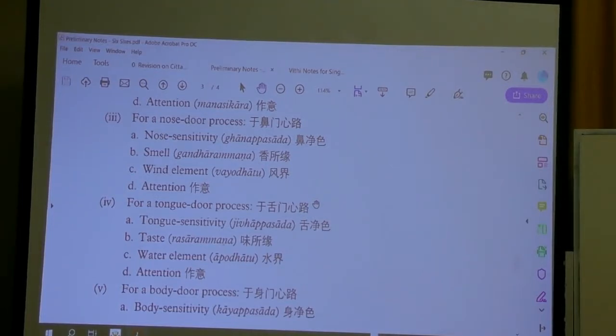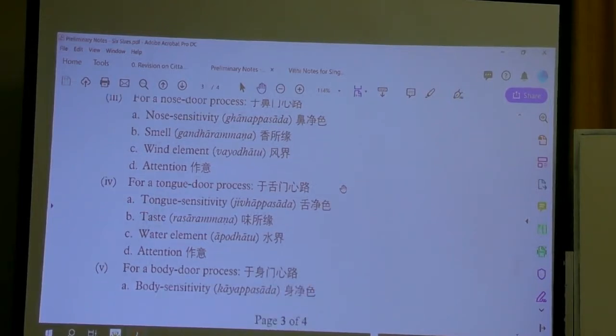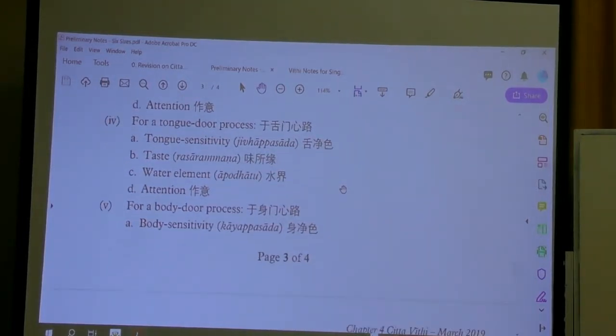Yes. Same way, how many causes to arise the tongue-door process? What are the 4? Yes. Rasarammana, water element, apo, and attention.